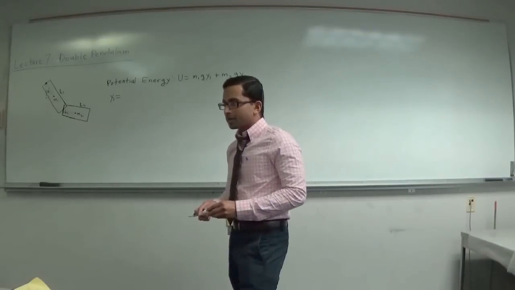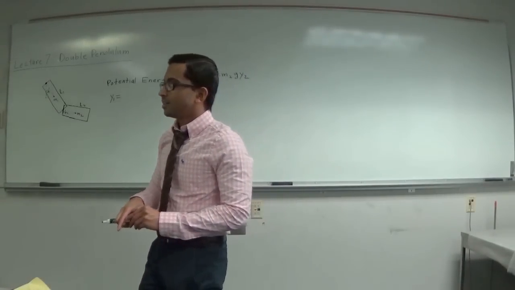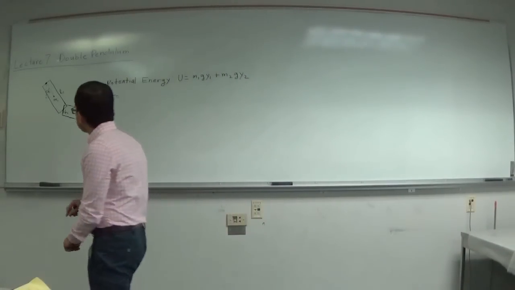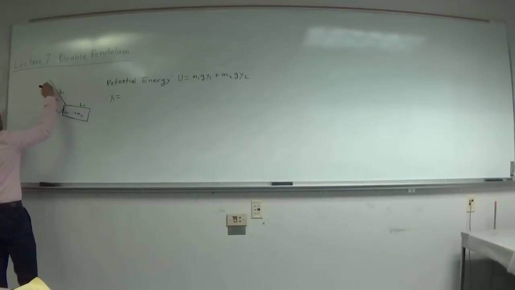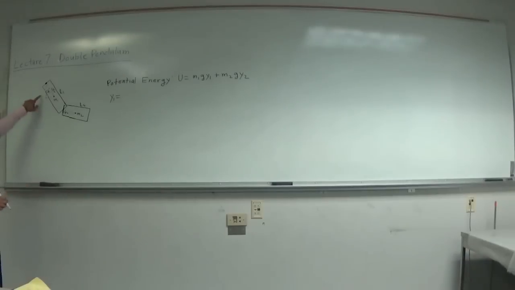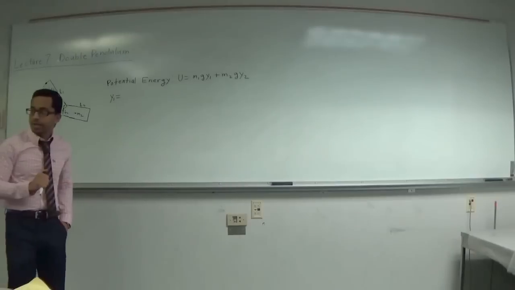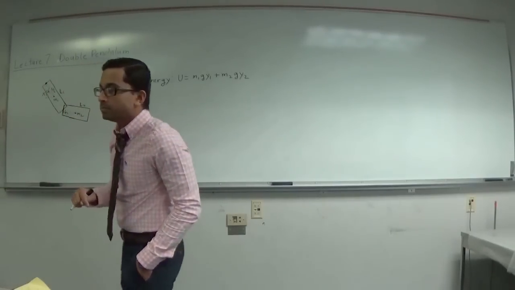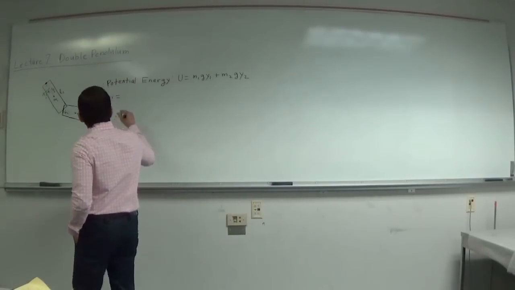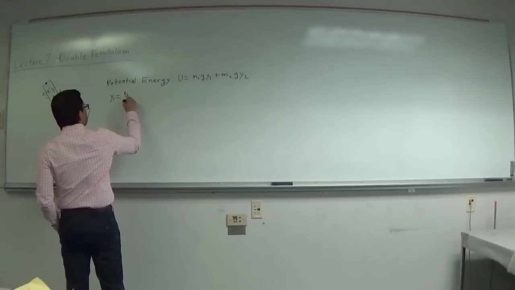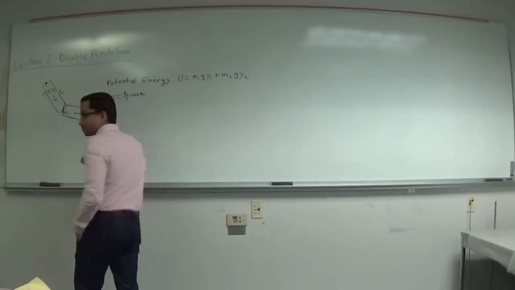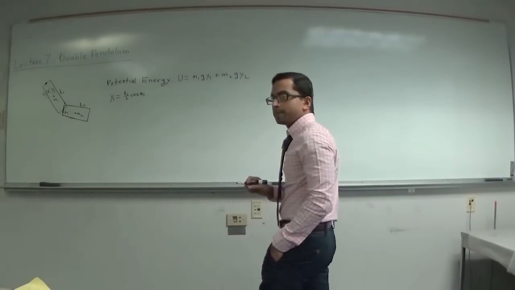In the middle, so it's half of L1. This is L1 over 2. So what's our y1? This is our y1 over here. It's L1 over 2 cosine theta 1. So that gives us our y1.